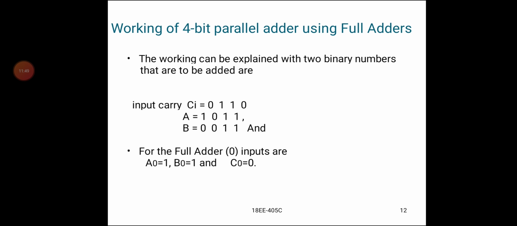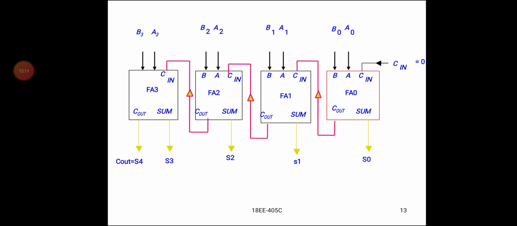Initially there is no carry for the LSB, meaning C0 is equivalent to 0. Now we will get sum S0 and carry C1 equivalent to 1.